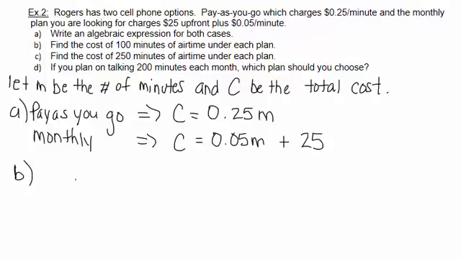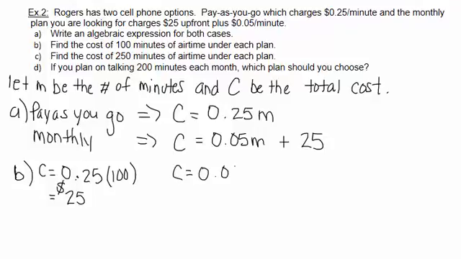So for our pay-as-you-go plan, the cost is equal to 25 cents a minute. So let's plug in our 100 minutes there. And it's going to cost us $25 per month if 100 minutes are used. For the other plan, this is what they charge, and so we'll plug in the 100 minutes, and that ends up being $30 per month if you go with that plan using 100 minutes.